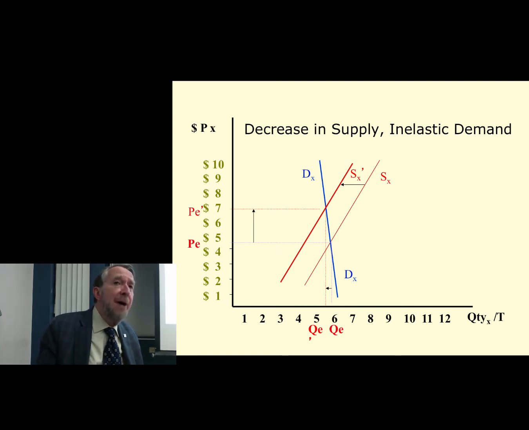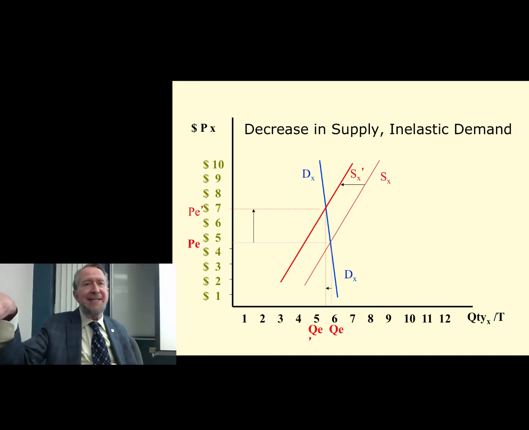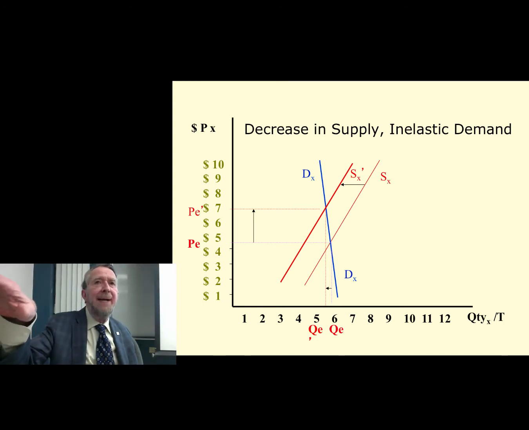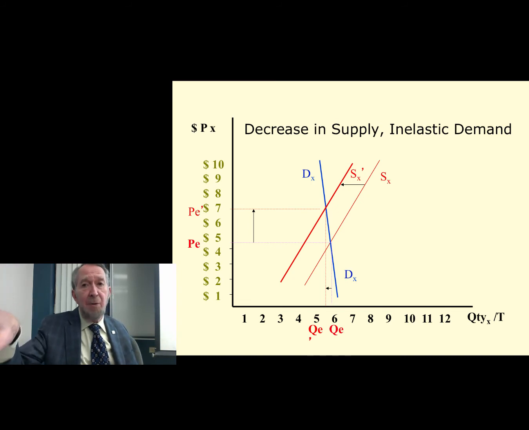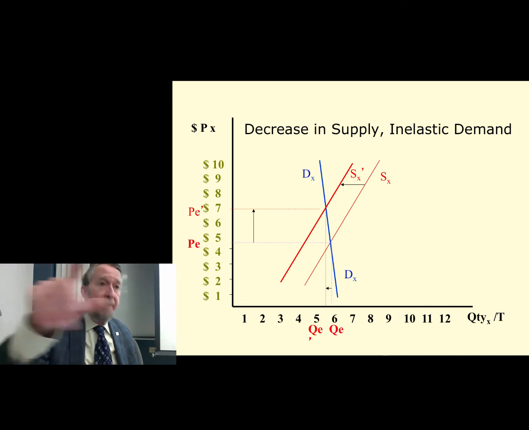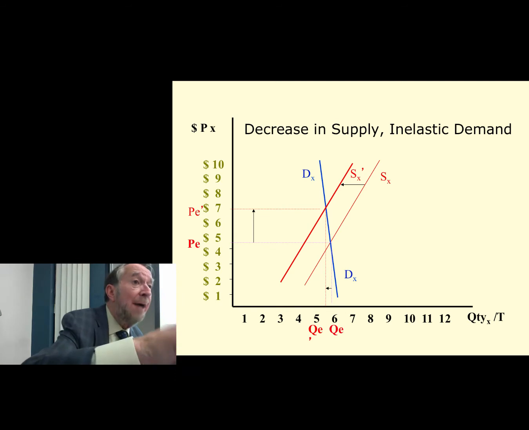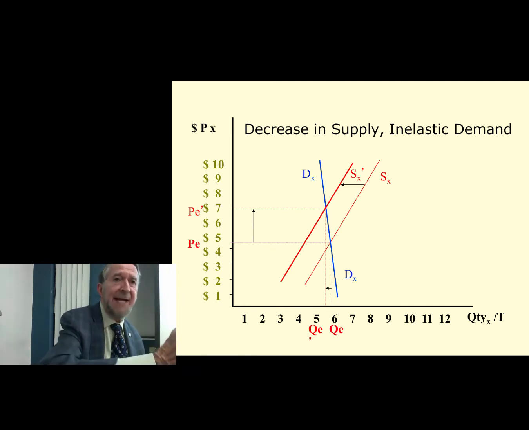But all of them know the measurements of elasticity, and they know it at each station in addition to the general ones in the market. So if you tell them that this plant's going to shut down for this period of time, they know the percentage change in quantity. If they know the elasticity, they know how much of a price change would be necessary for people to adjust to that smaller amount.